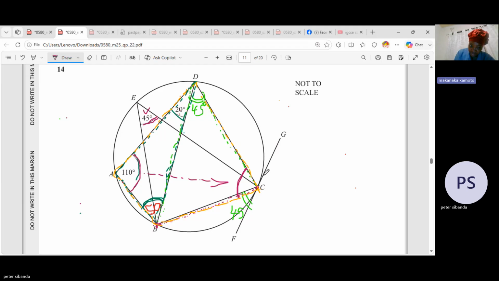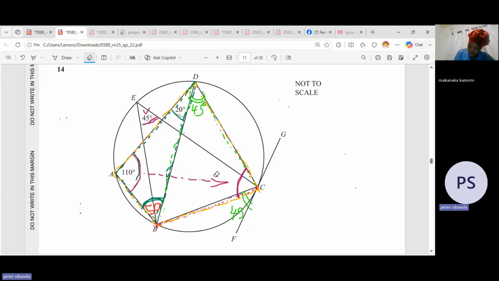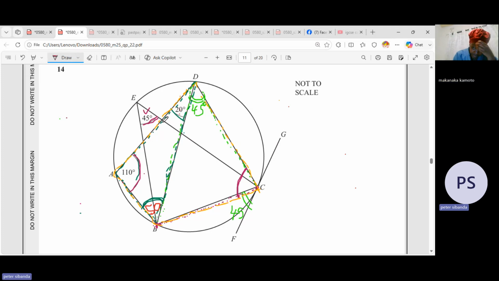It would be 70. So when we add 110 plus 70, we get 180. That is being supplementary, so you're quite right there. The whole of it there would be 70 degrees. Good, so we found another angle there.